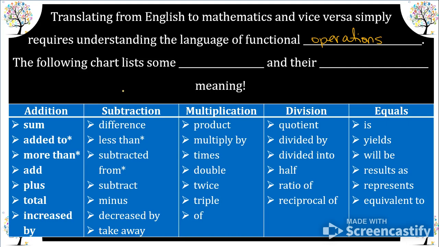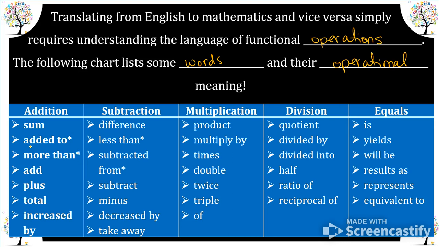The following chart lists some very common words and their operational meaning. I'm not going to read through all of these, but here is a list of common words that mean to add, subtract, multiply, divide, and then equals. If we use equals, we're not really looking at an expression, but an equation.